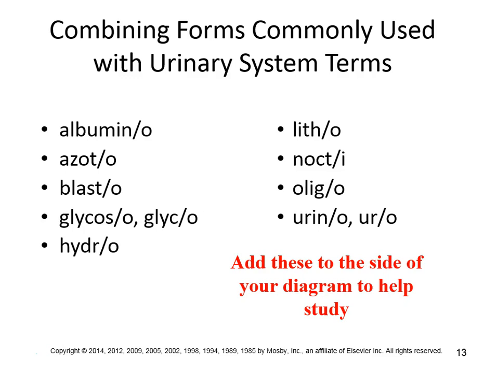Azoto is urea or nitrogen. That's something, again, that needs to be filtered out of your blood, one of the functional parts of the kidney. Blasto we've learned before. That means developing cell. And again, that's such a general term that it can be a developing cell anywhere, but it'll show itself here again in the disease terms.